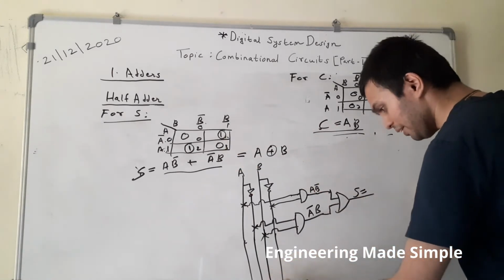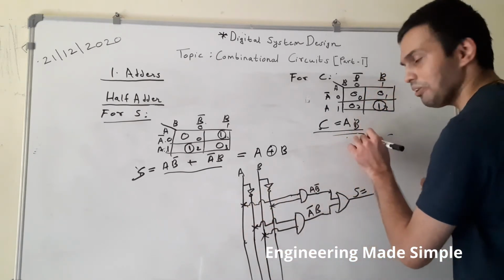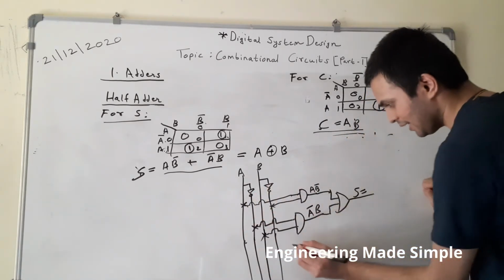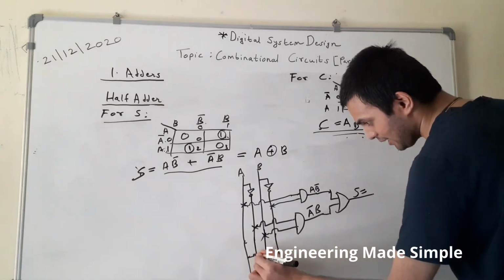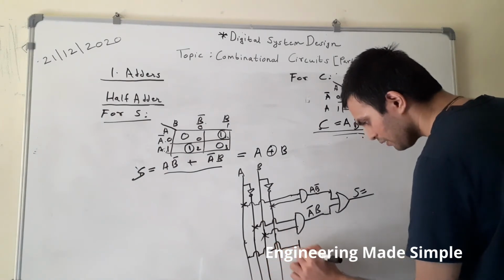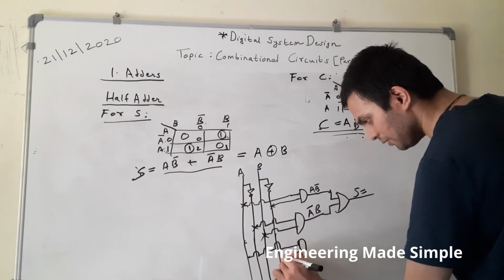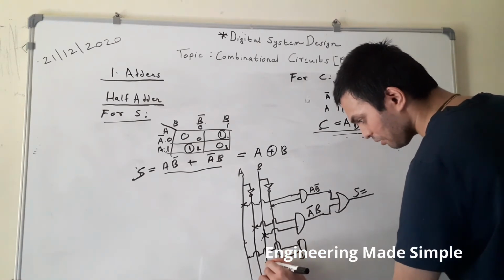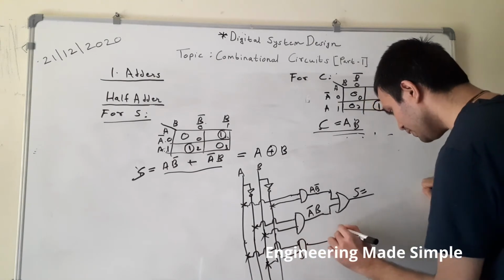Now we will implement carry. Now how will you implement carry? C is equal to A into B is the expression for carry. It is pretty much simpler. So tap the signal line A and tap it from B over. So this is the signal line corresponding to B. I have shorted over here. So this is carry.